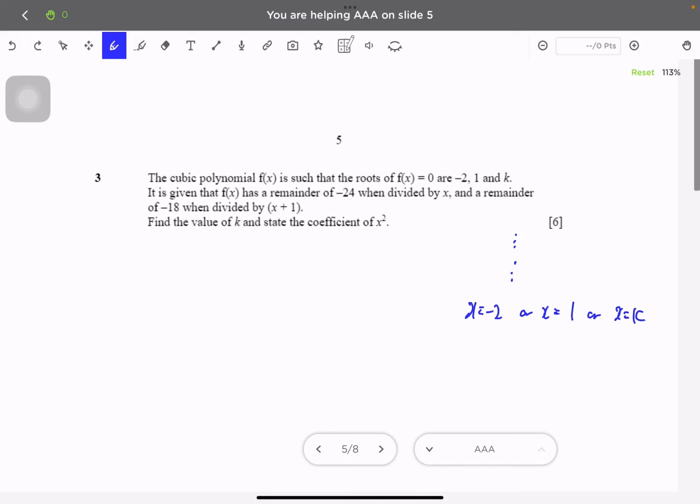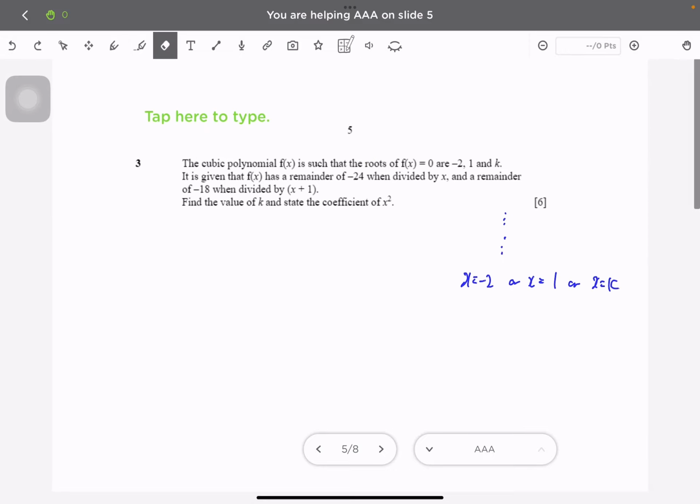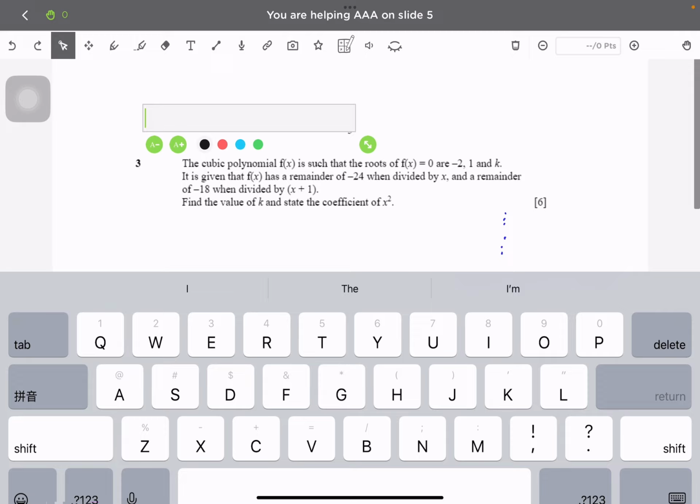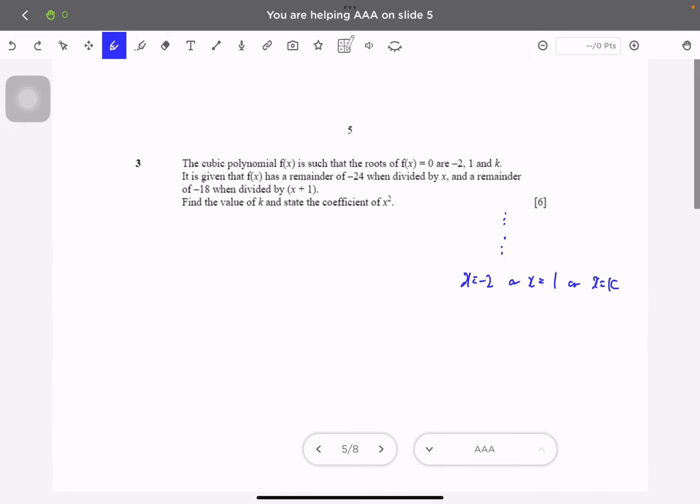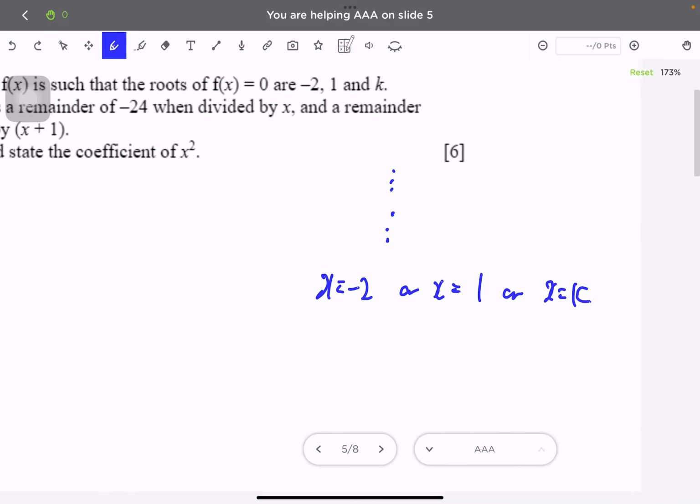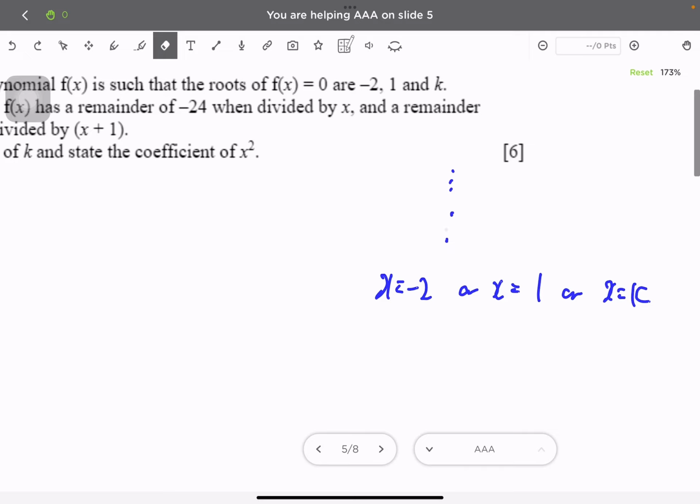If I were to work back one more step, we will actually get (x plus 2)(x minus 1)(x minus k) equals 0.